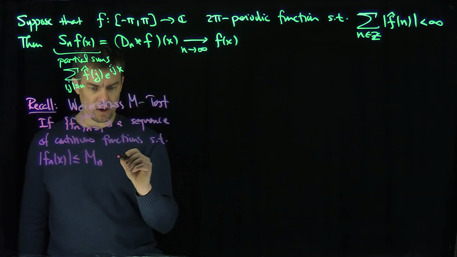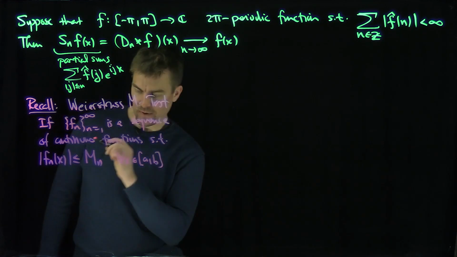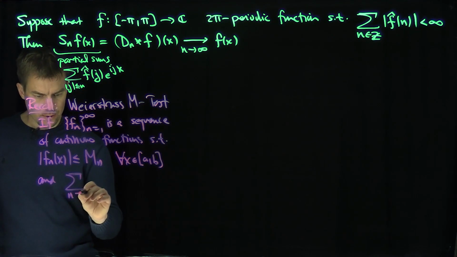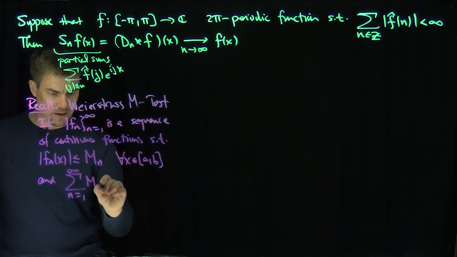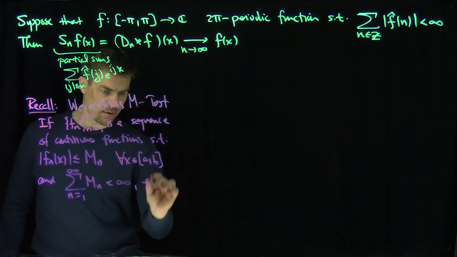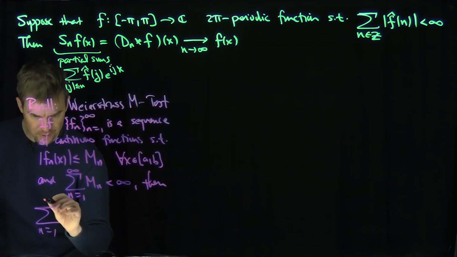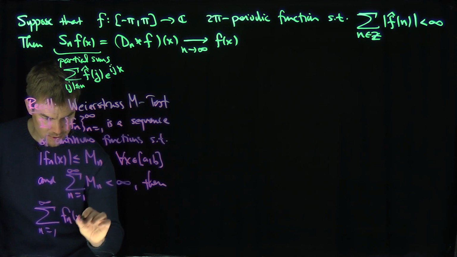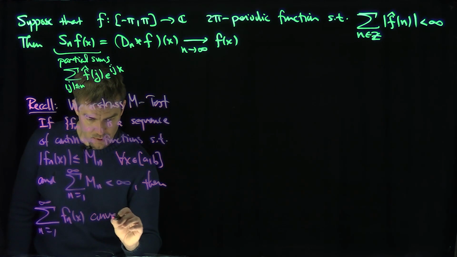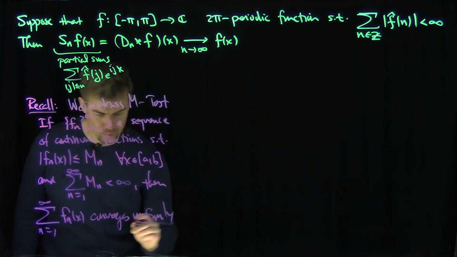on an interval [a,b], for all x on the interval [a,b], and the sum n goes from 1 to infinity of the M_n converges, then the infinite series, the sum n goes from 1 to infinity of f_n of x, converges uniformly to a continuous function.